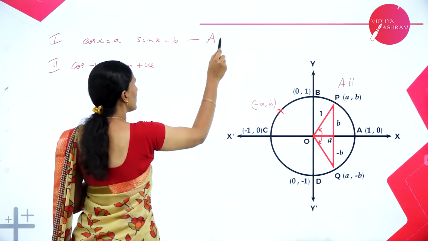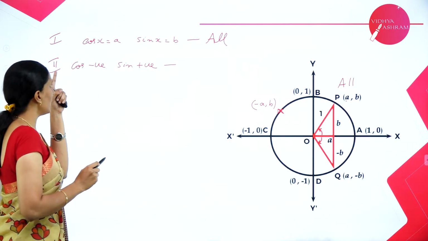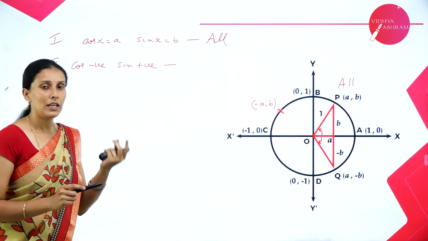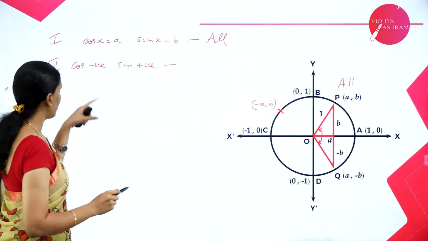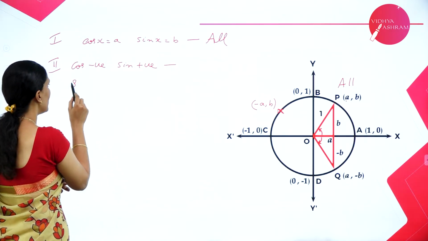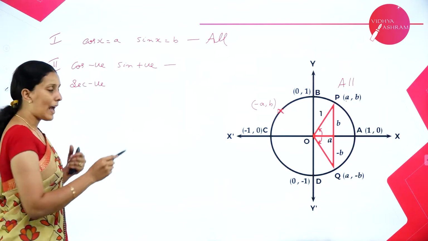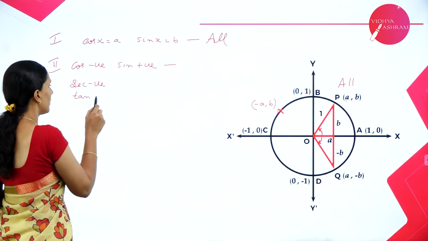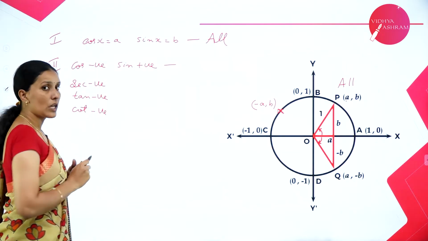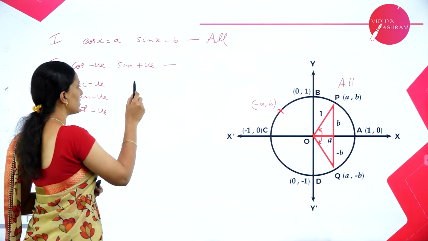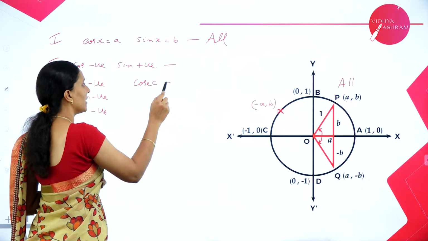Based on the sign of cos and sin, the remaining trigonometric ratios are positive or negative. Since cos is negative, secant is negative, tan is negative, and cot is negative because all these ratios contain cos. Whereas sin is positive, so this implies cosecant is positive.